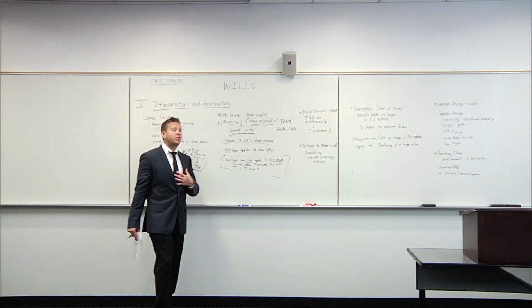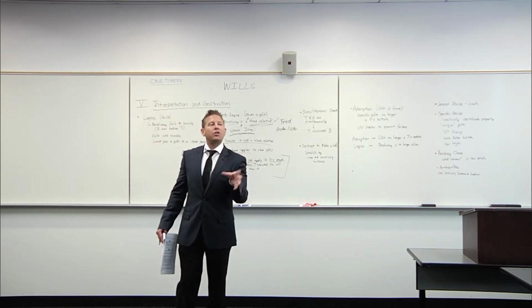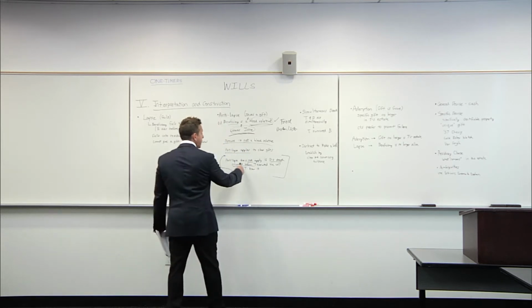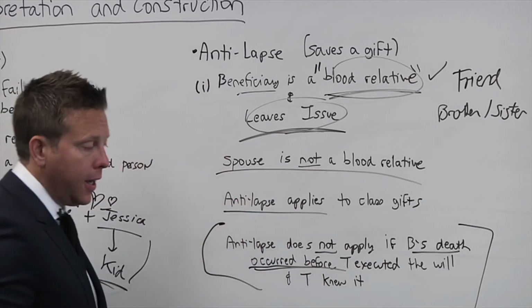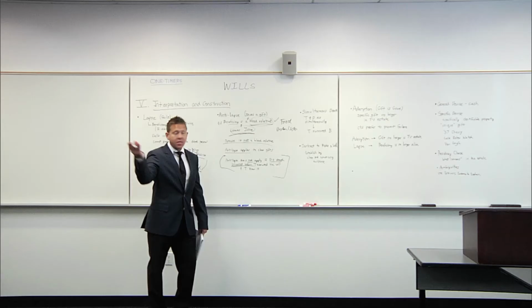So when I said all my brothers and sisters, the court's going to construe the will: you meant all brothers and sisters that are currently alive at the time you executed the will. So anti-lapse does not apply if the beneficiary's death occurred before the testator executed the will and the testator knew it. Very simple, that makes sense.